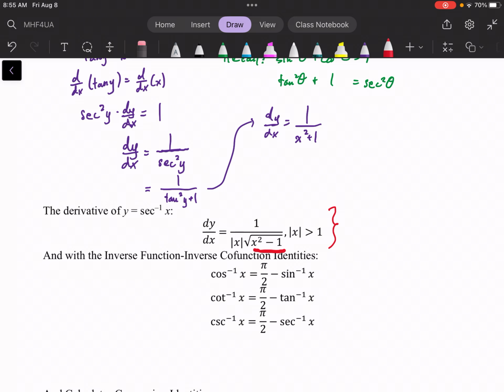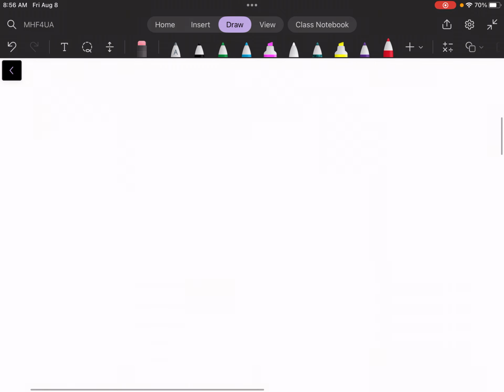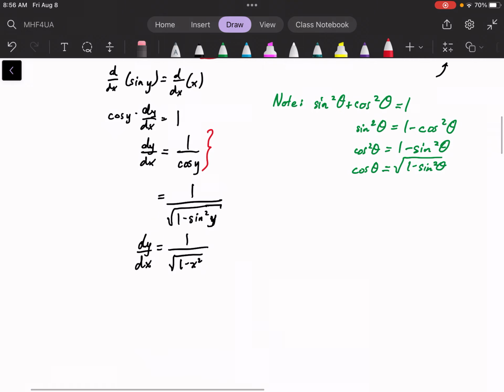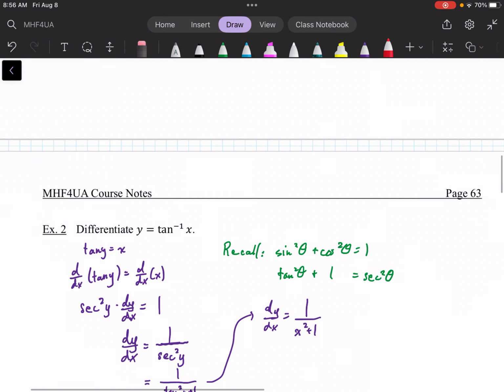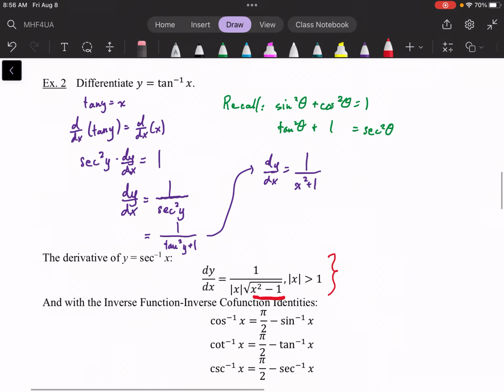Also, you're multiplied by the absolute value of x. Now, don't wonder that the derivative of cosecant inverse of x looks exactly like this one, but just with a negative sign in the numerator. And the derivative of cosine inverse is the same as sine inverse, just with a negative in the numerator. And then you could probably guess what the derivative of cotangent inverse would be.